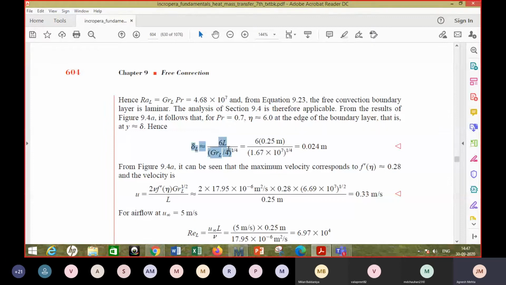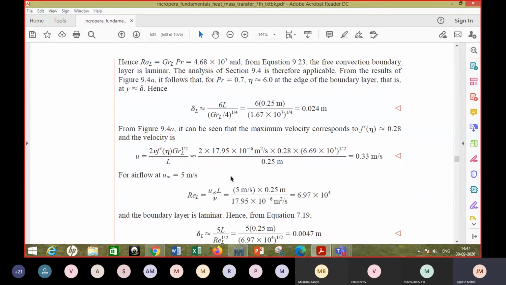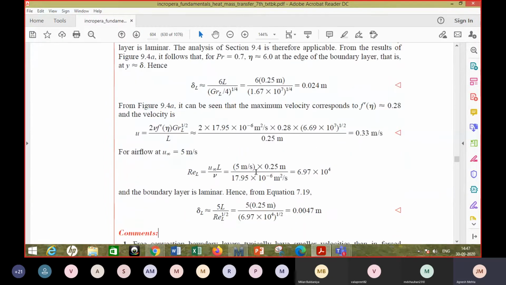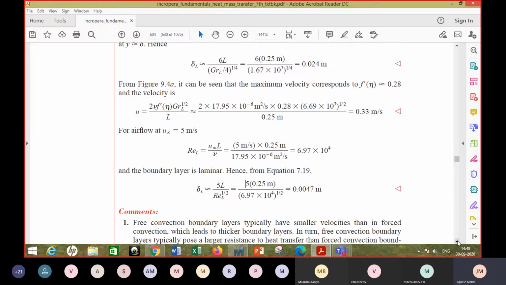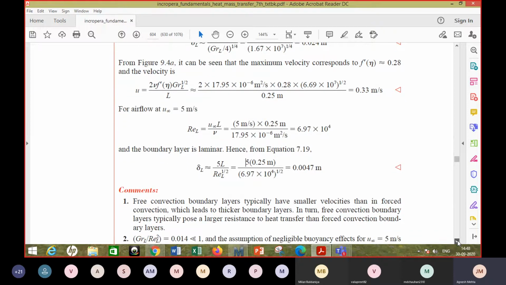So the thickness of the boundary layer can be given with this formula. And the Reynolds number with this velocity of 5 meter per second is found. And in case of external flow forced convection, you know that it is 5x upon the Reynolds number raised to 1/2, right? So at x equal to L, it will be 0.0047, right?